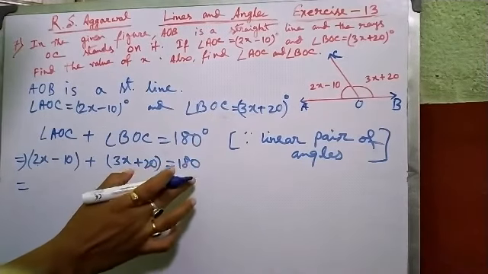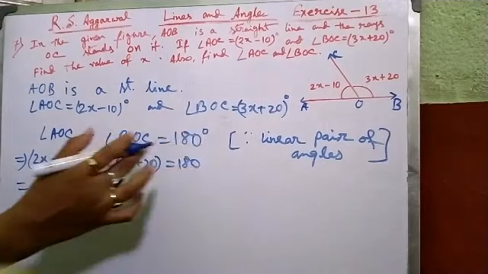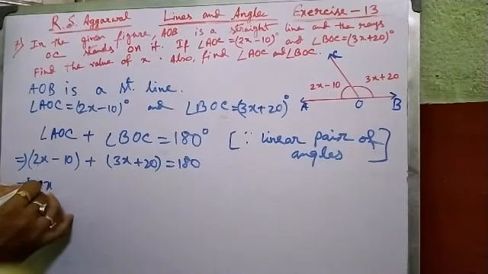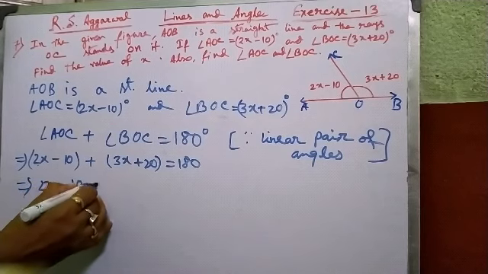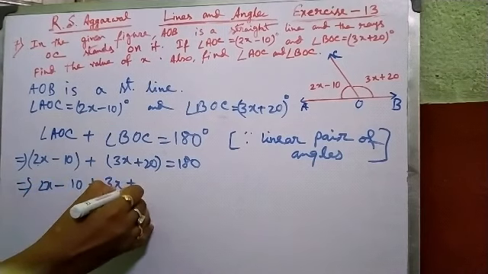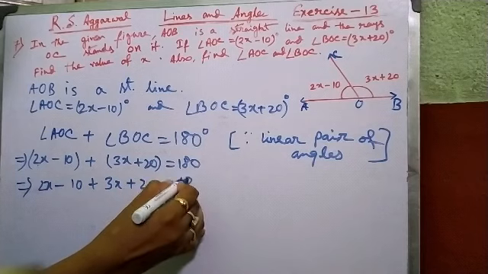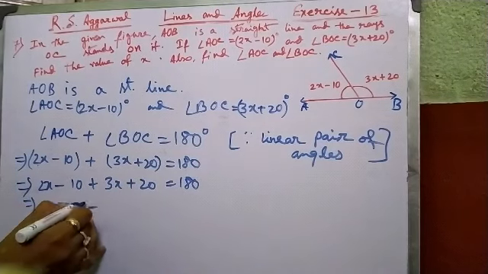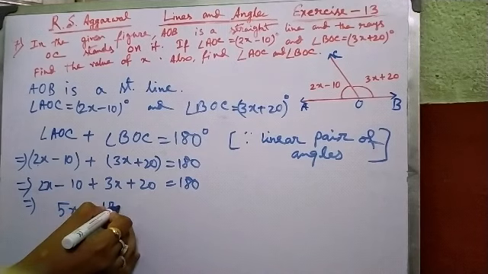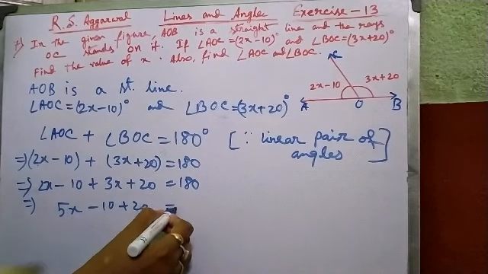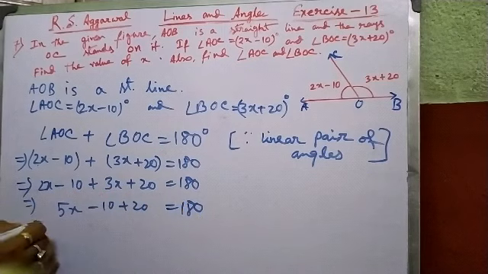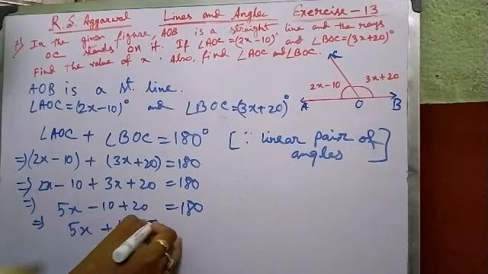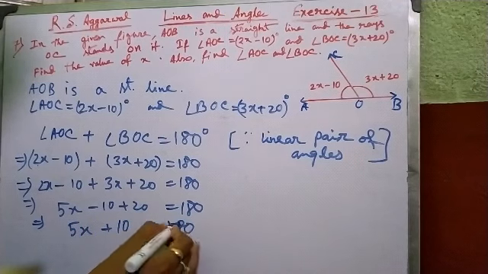Degree, next time we will not write. First time we can write. In the next line we will not write degree. Then we have to remove the bracket. 2x minus 10 plus 3x plus 20 equal to 180. Then 5x minus 10 plus 20 equal to 180. 5x plus 10 equal to 180.